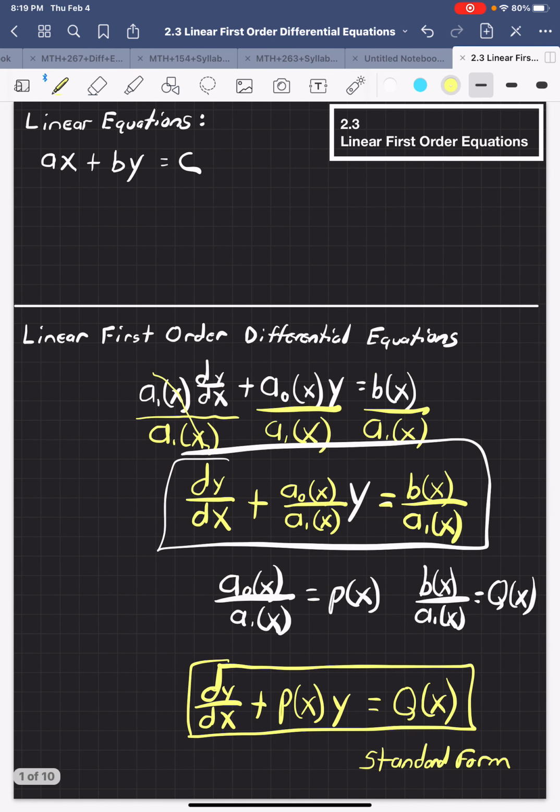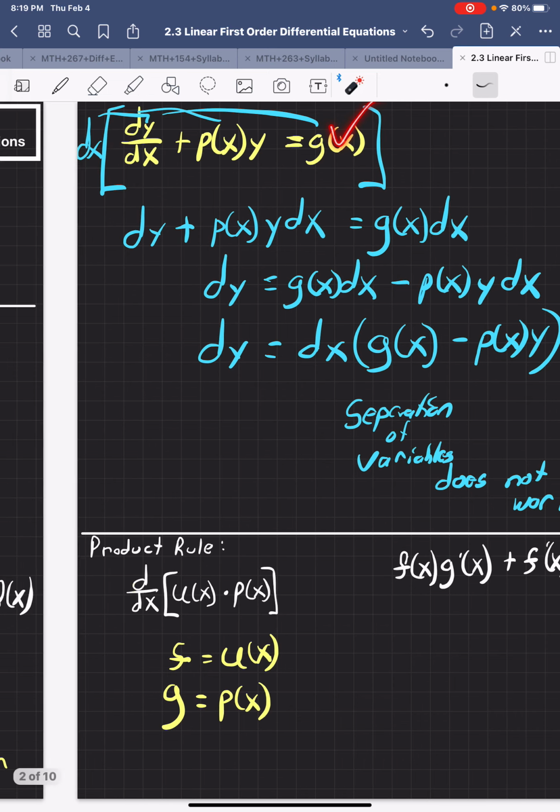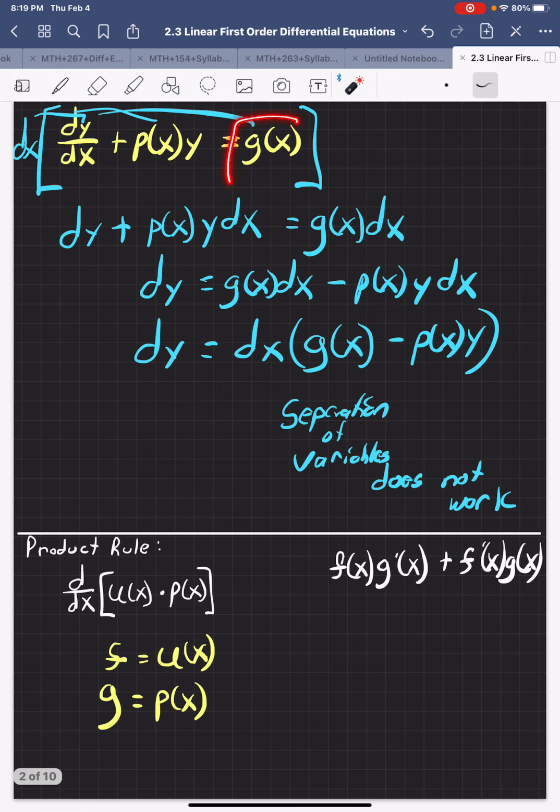Do you notice that over here I used q of x and over here I used g of x? This is just my training. I didn't change anything. Q, or how I called it g here, they mean the same thing. In my training in differential equations, we always used g of x here, not q of x. So my apologies if I keep interchanging them. It's just from habit.